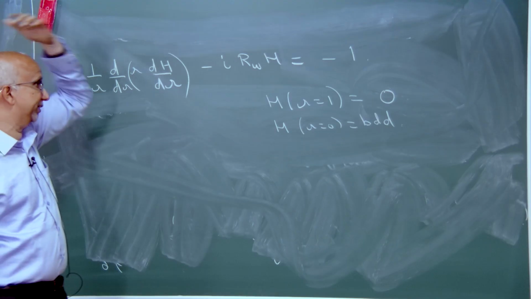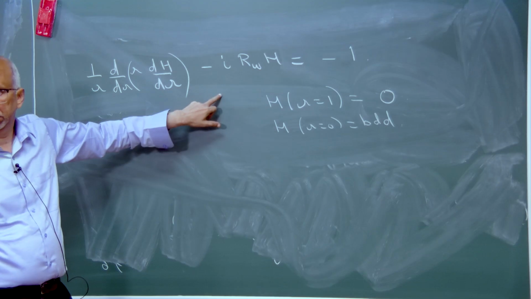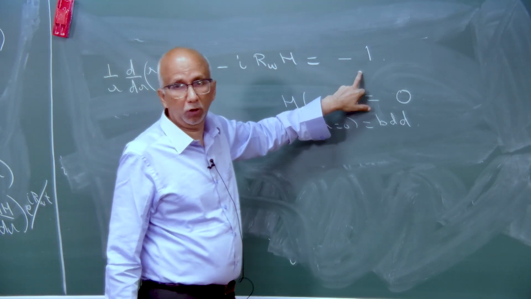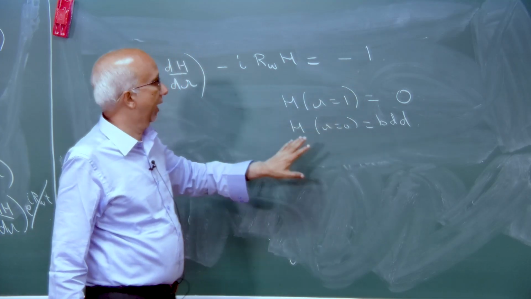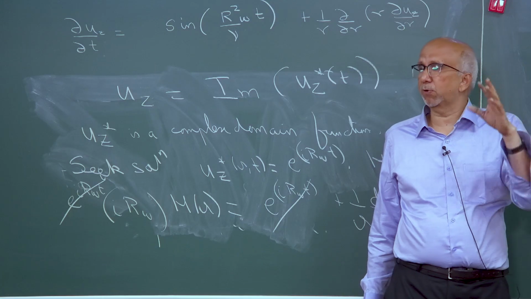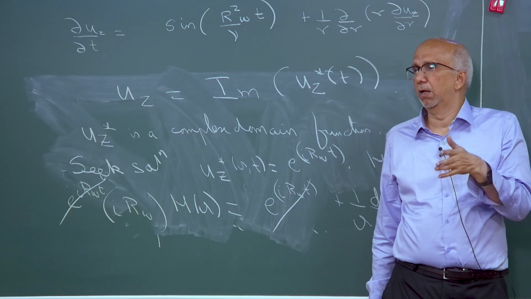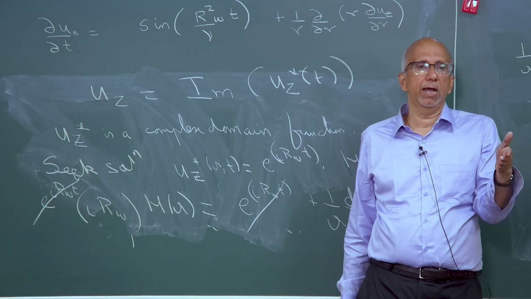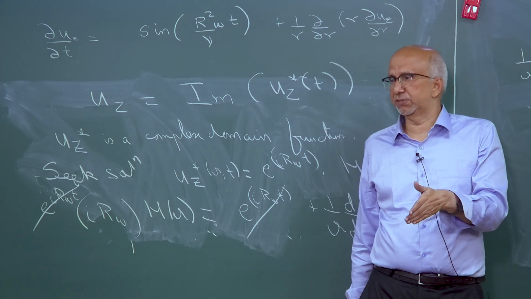I have two conditions. So, now clearly this equation is a linear equation, H, and this is the non-homogeneity. Boundary conditions are homogeneous, and I can solve this problem the usual way, looking at the particular solution and looking at the complementary function.